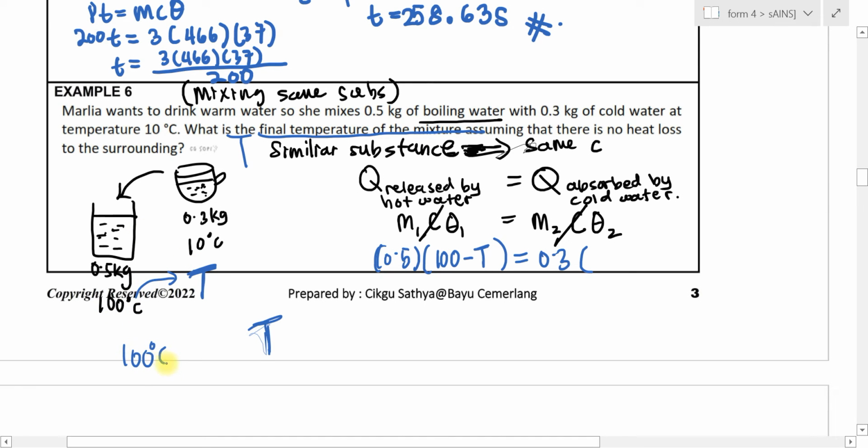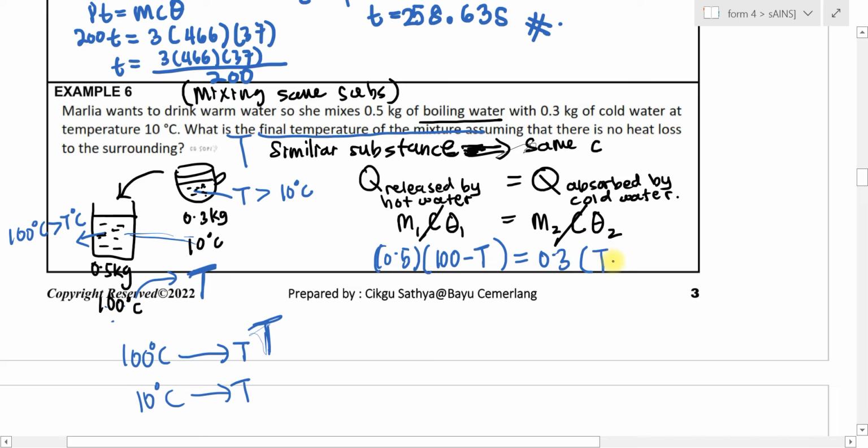The 100 degrees Celsius ni dia akan berkurang sampai T. The 10 degrees Celsius dia akan meningkat sampai dapat T. Maksudnya, dekat hot water, the 100 must decrease to become T. So 100 is greater than T. That's why 100 minus T. Dekat sini, the final temperature must be greater than 10 degrees Celsius, because heat will be absorbed by this 0.3 kg cold water.